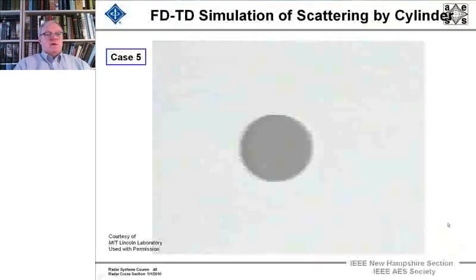And now let's look at that example. Let's set it in motion.